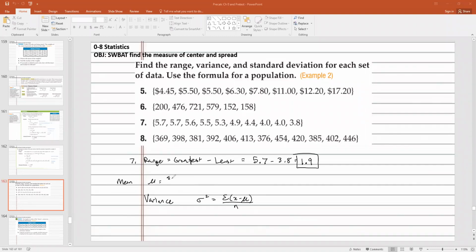Okay, so to find the mean, remember, you're going to add all the numbers together and divide by n.